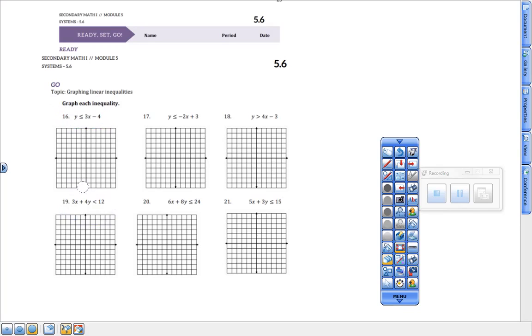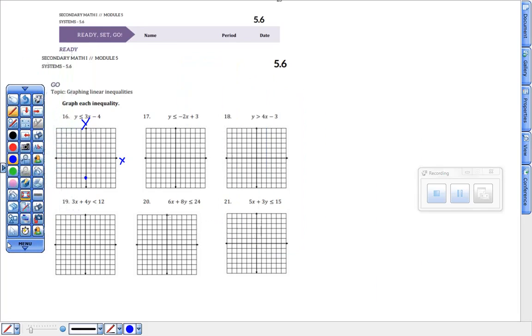Alright, so based on what I've been teaching you, this first one here, again, that first number, that -4, tells you where to put your very first number, either up or down this y-axis line. This is the x-axis. That 3, that number in front of x, that is this line's slope.